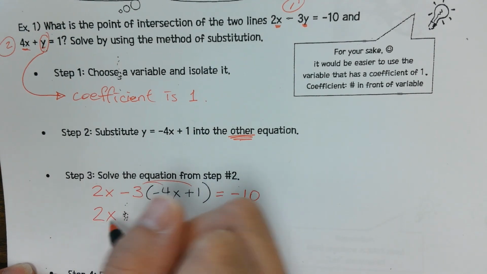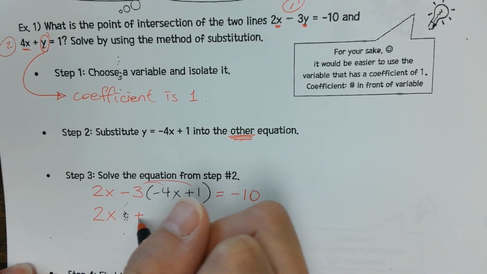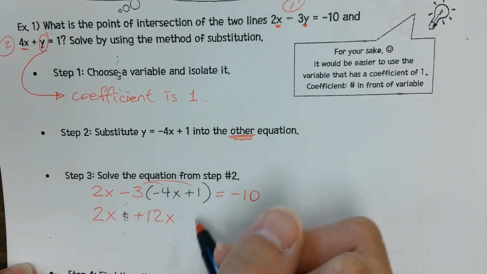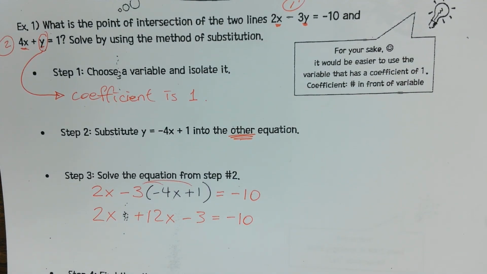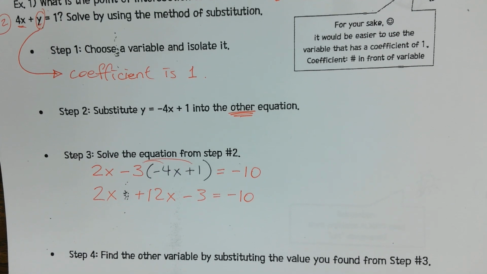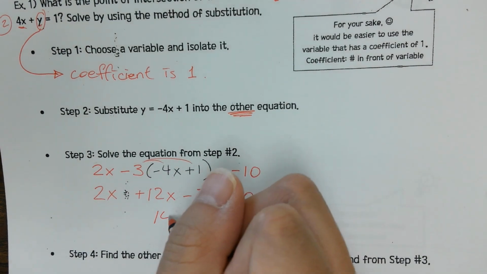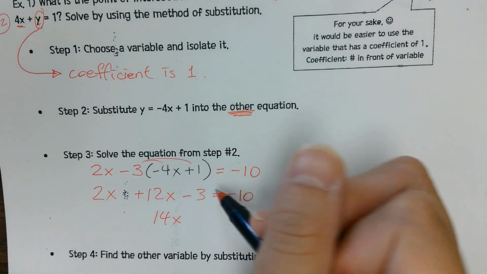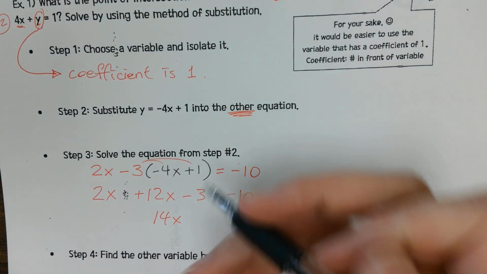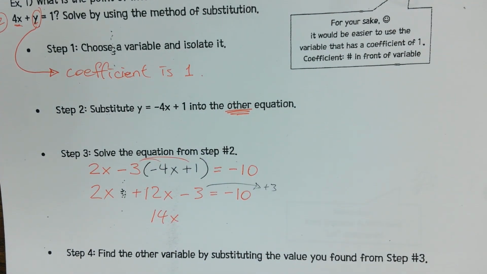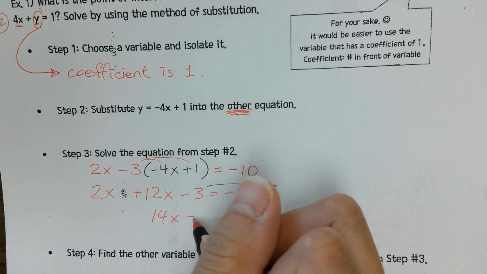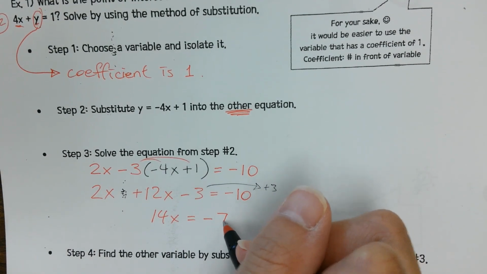So 2x plus 12x minus 3 equals negative 10. The 2x plus the 12x gives you 14x. The negative 3, you have to move it over to the other side, so it becomes plus. So you get negative 7.